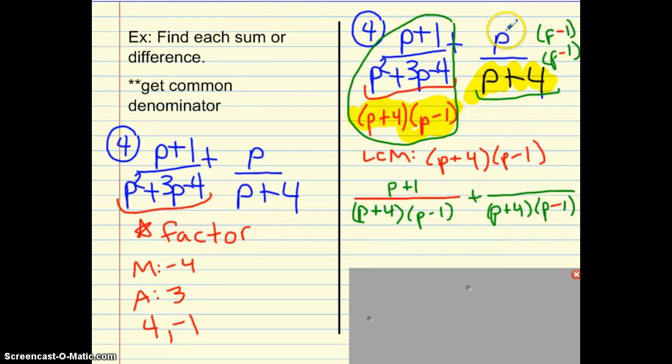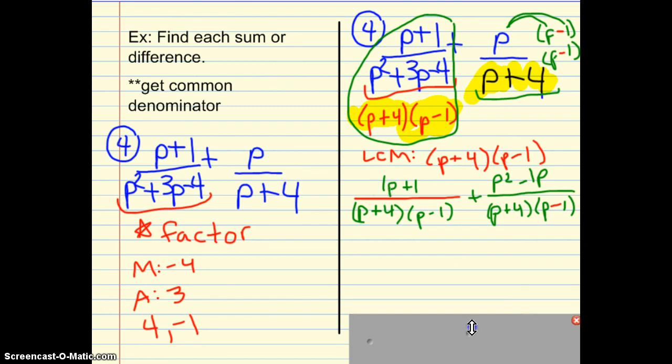Okay, so I'm going to distribute p squared minus p. Maybe a minus 1p on that if you would like. We can put a 1 on this one over here too. So for our final answer, we'll have our common denominator p plus 4 and p minus 1.